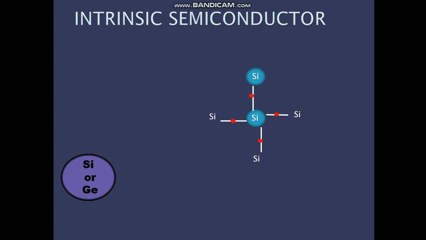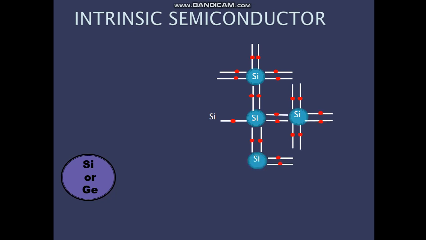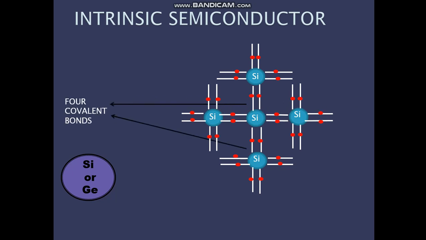It joins with the neighboring ones and shares electrons from the neighboring atoms, and they complete the octet structure. This is continued in the whole of the silicon crystal. So we have these 4 covalent bonds with the neighboring silicon atoms.